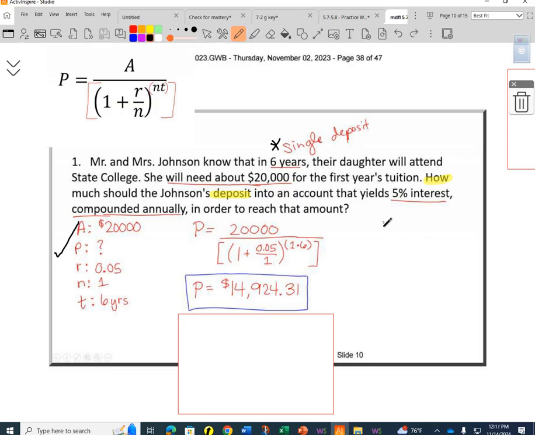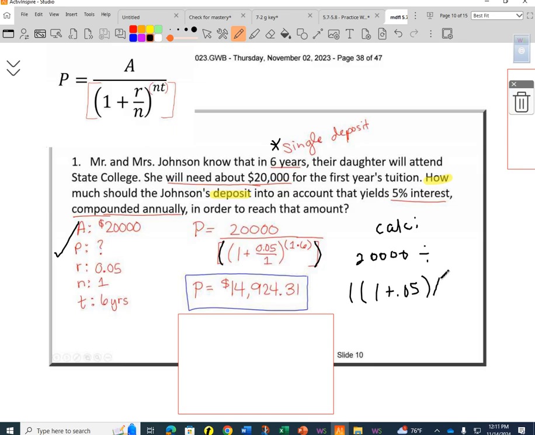So on your calculator, you're entering 20,000 divided by, there's brackets here, but there's no brackets on your calculator, so we're going to put 2 parentheses. So parentheses, parentheses. Now, 0.05 divided by 1 is just 0.05. I'm not going to do that math when there's a 1 there, so I'm just going to put 1 plus 0.05.